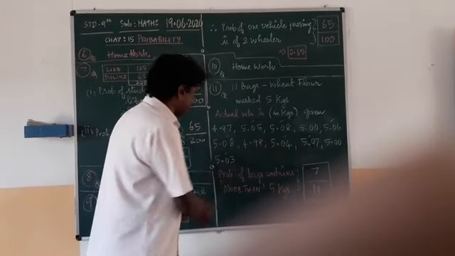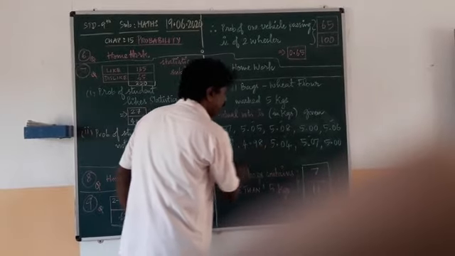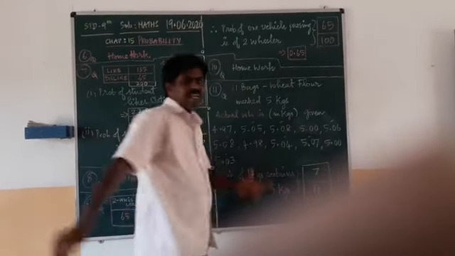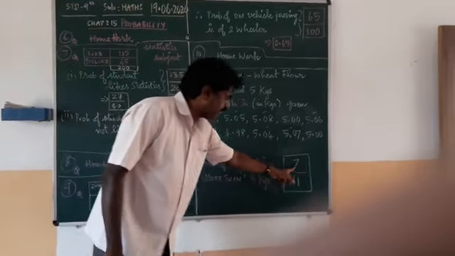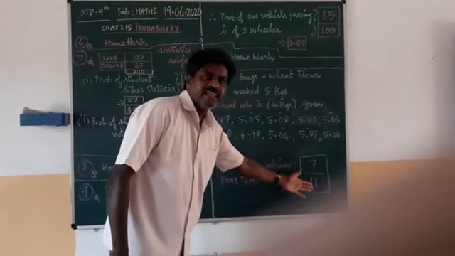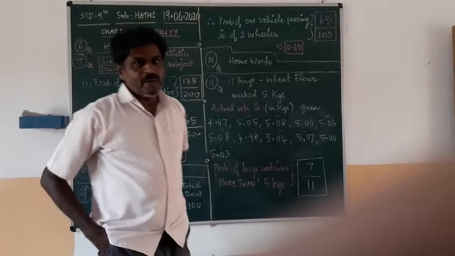How many are there? 1, 2, 3, 4, 5, 6, 7. Seven bags are more than 5 kg. So I have written 7 upon 11 bags. So 7 upon 11 is the probability ratio.